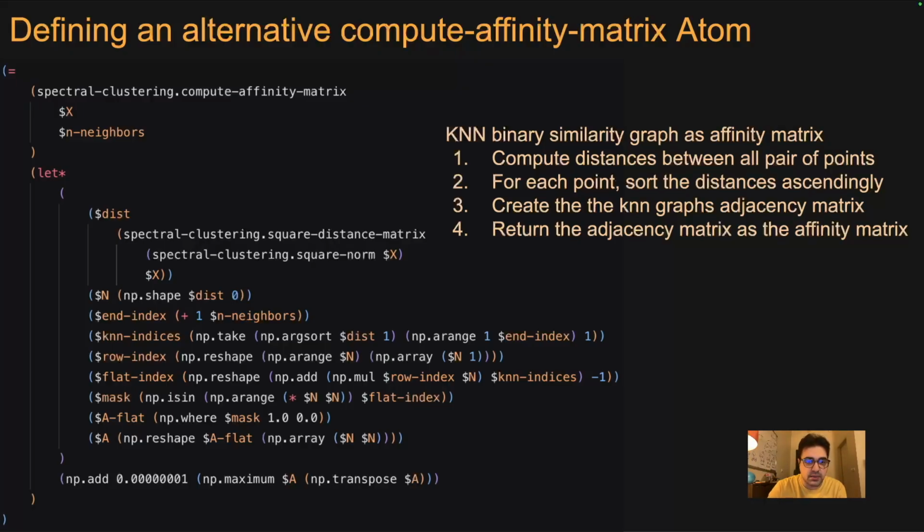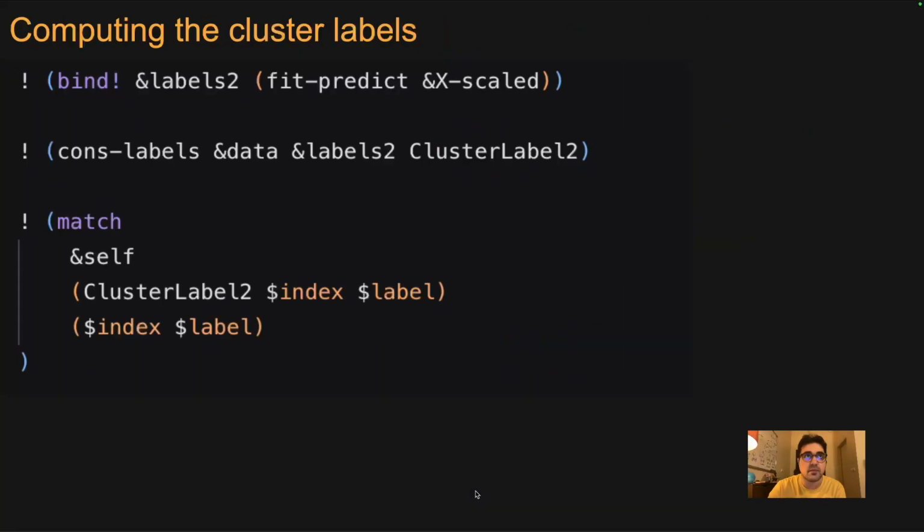First, it computes distances between all pairs of data points, and for each data point, it sorts the distances ascendingly. Then it creates the KNN graph adjacency matrix, and finally it returns the adjacency matrix of the KNN graph as the affinity matrix. Finally, we run the clustering algorithm again and show that the algorithm works fine with the new compute affinity matrix.